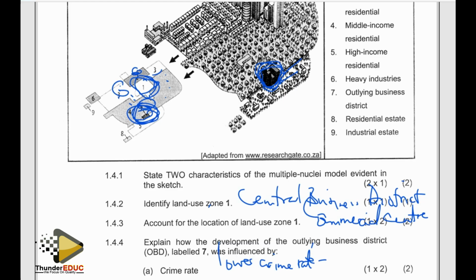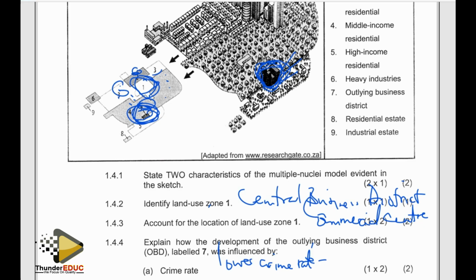Customers are much safer doing business here because there is less crime, which means it will attract more customers who fear for their valuables, who don't want to go to the CBD where crime is rife. And also from the cost to business, if there is high crime, businesses are forced to incur high costs, for example insurance.